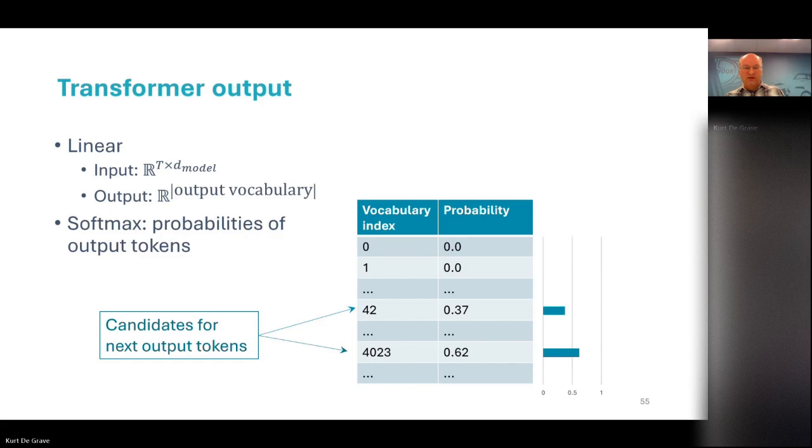That gives us a probability score for each possible token. So the dimensionality of the output is the vocabulary of our tokenizer again. The tokens with the highest probability are the proposed candidates for the next part of the output.